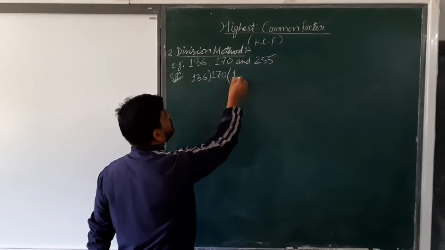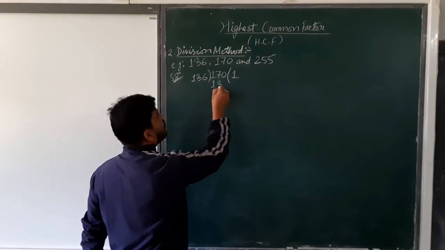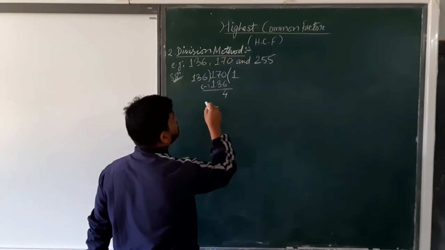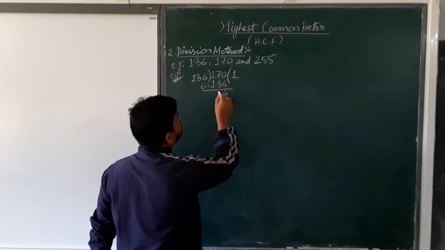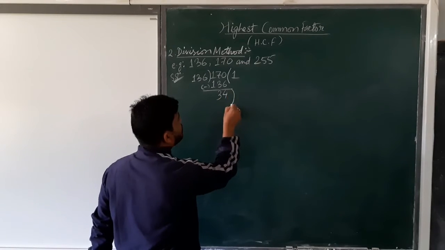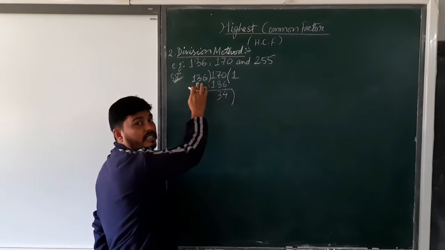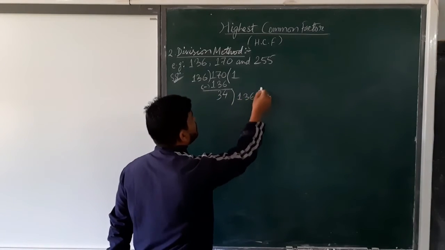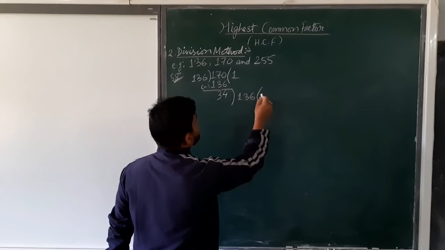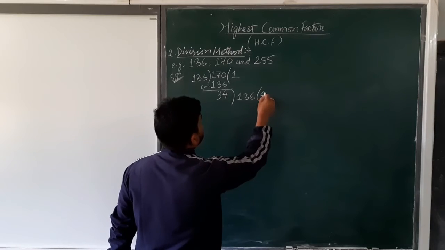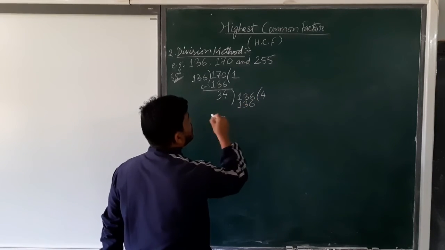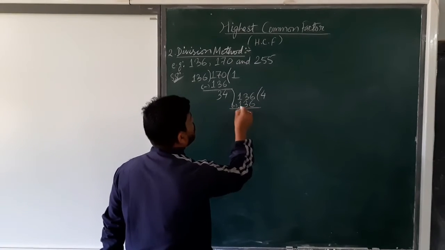So 136 ones are 136, subtract it, then we get 34. Now the first divisor you divide by the remainder. The first divisor is 136. Now 34 4s are 136.